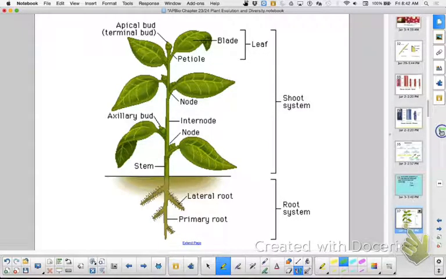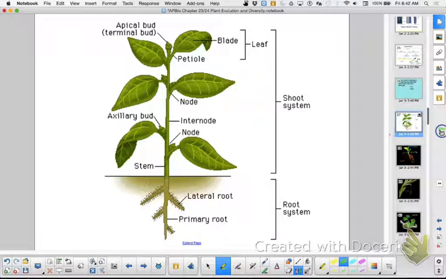And you have a picture in your notes too. Primary is just the one that goes straight down.